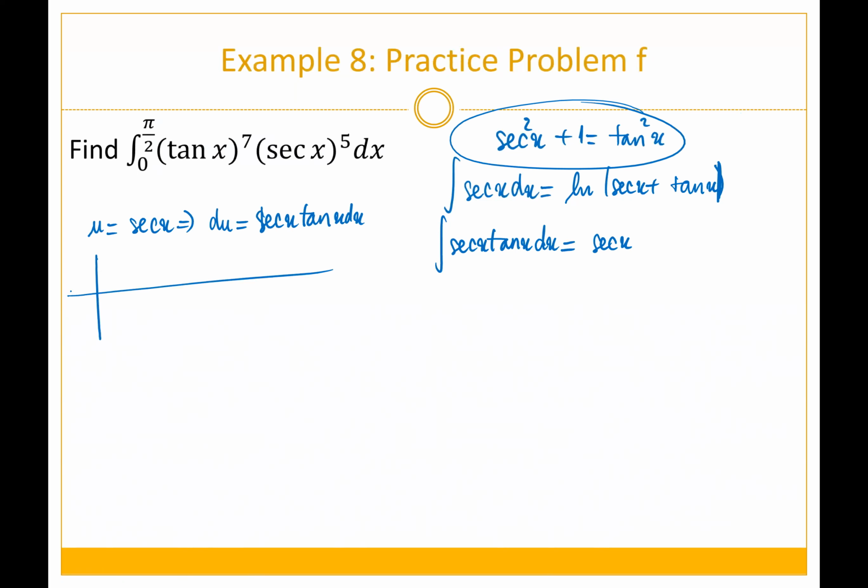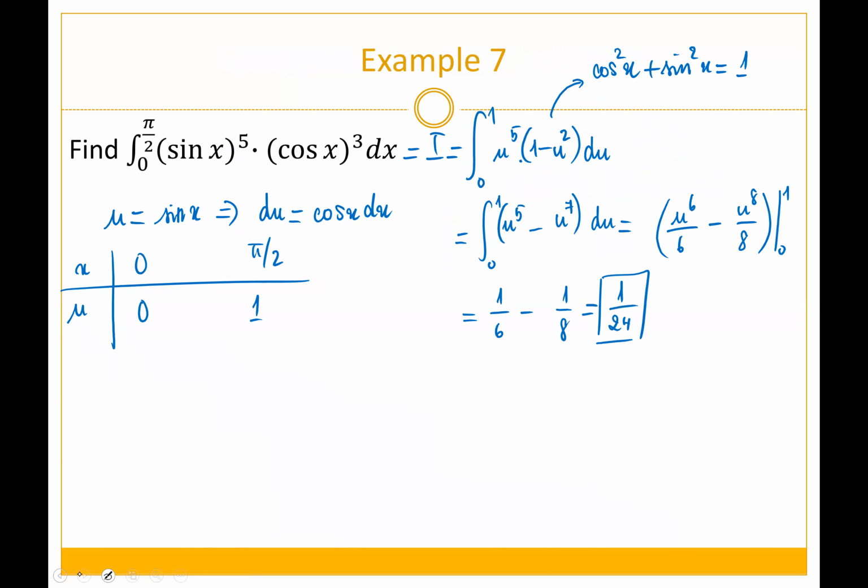Do the change of variable. Secant of 0 is 1 because it's 1 over cosine of 0, which is 1 over 1. The upper limit is pi over 2, so it's a pretty bad one here.